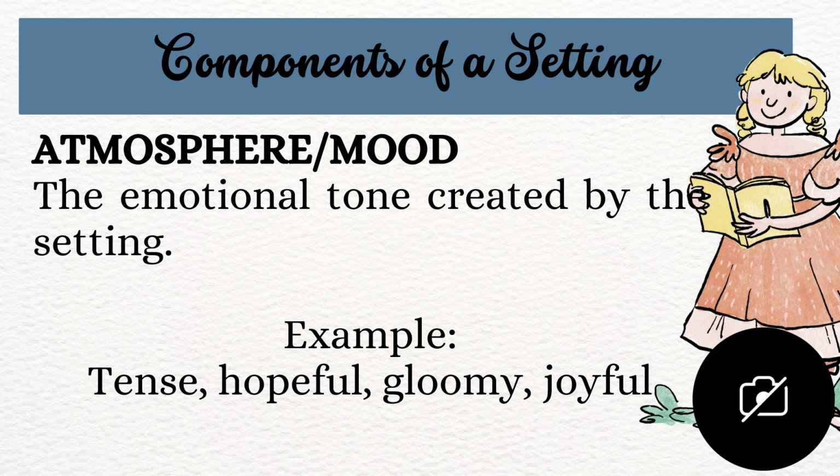The atmosphere and the mood talk about the emotional tone created by the setting. How does it feel? As I mentioned a while ago, setting is not only about time and place. It also talks about how it feels at that moment. Is it tense? Is it hopeful? Is it gloomy? Is it joyful?